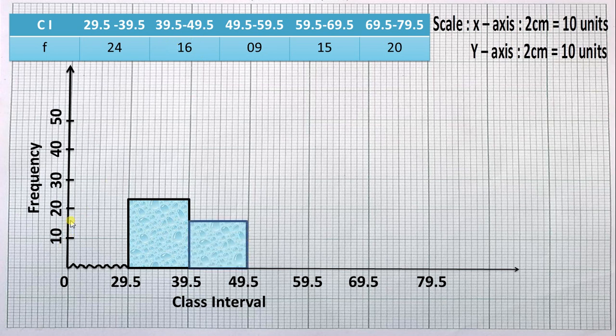After 10, count 6 lines. 49.5 to 59.5, it is 9. 1 line before 10, or count 9 lines from 0. 59.5 to 69.5, it is 15. Exactly between 10 and 20, the midpoint, that is 15, or count after 10, 11, 12, 13, 14, 15. 69.5 to 79.5, it is 20.